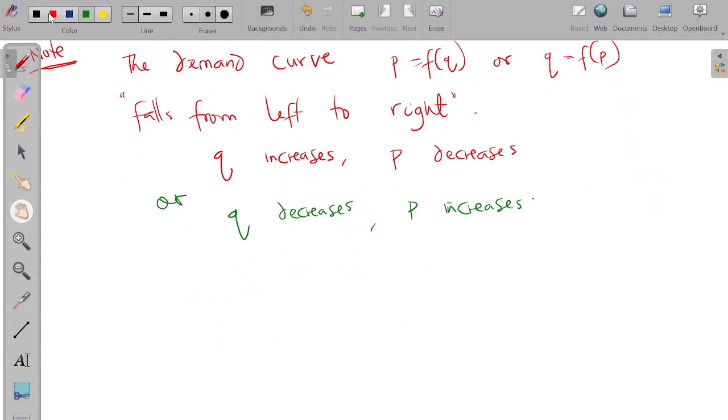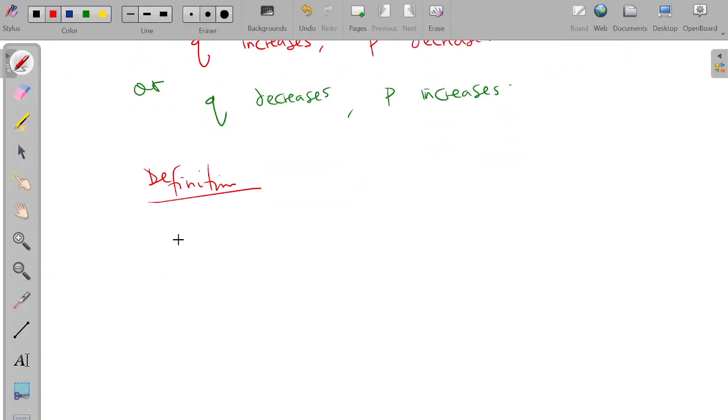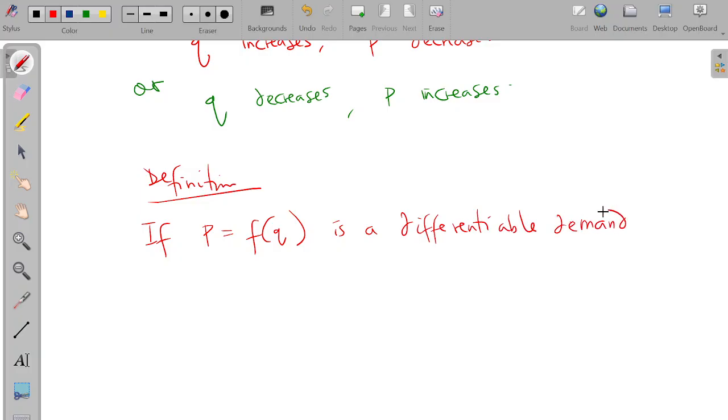Now, let's talk about the formula for the point elasticity of demand. By way of definition, if P is given as a function of Q, a differentiable demand function.